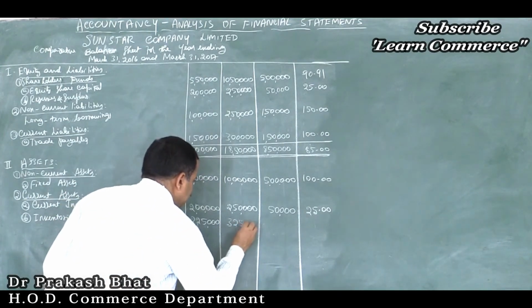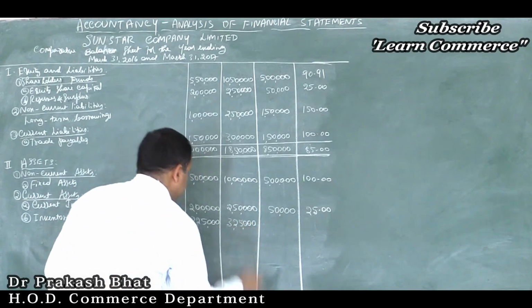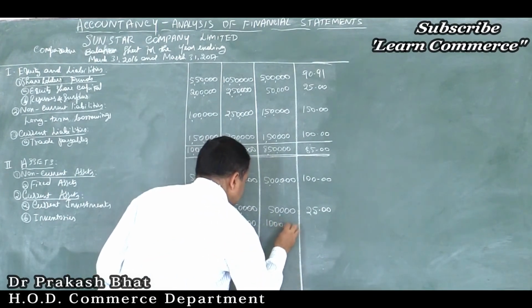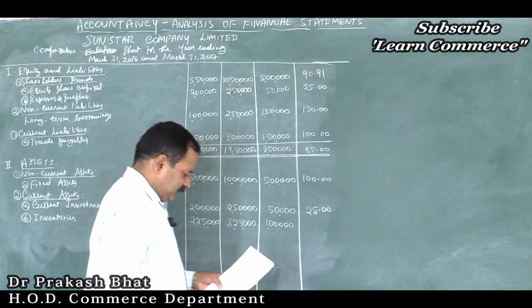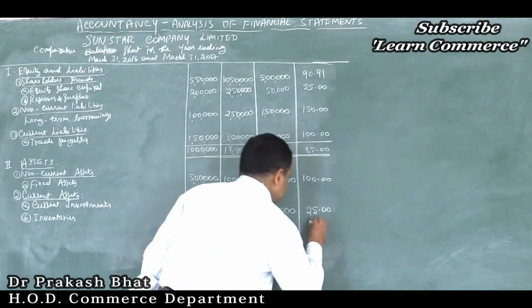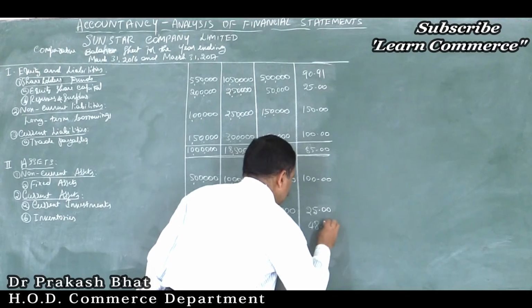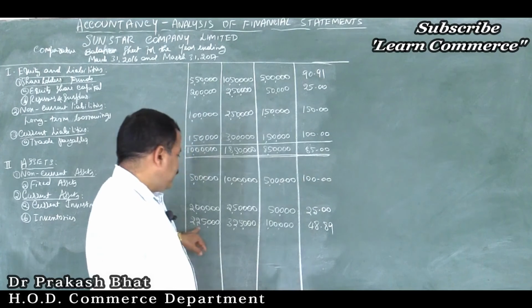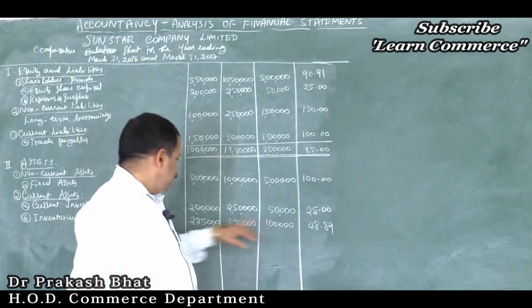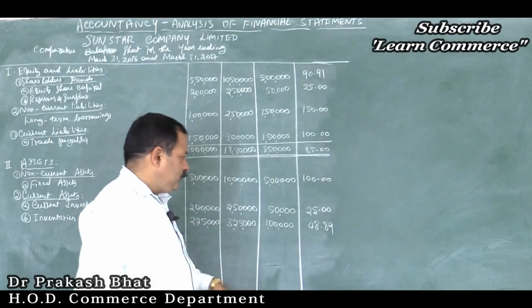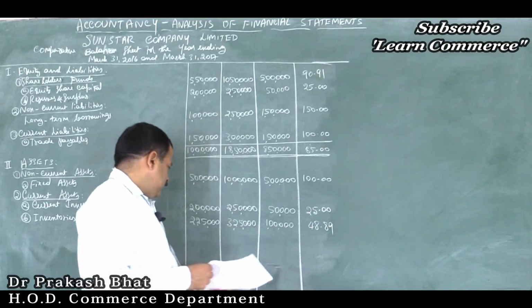How much increase? 1 lakh increase. Percentage is 48.89. No confusion with calculation of percentage, right? For 2,25,000 there is an increase of rupees 1 lakh. For 100, how much? That's all. 48.89.